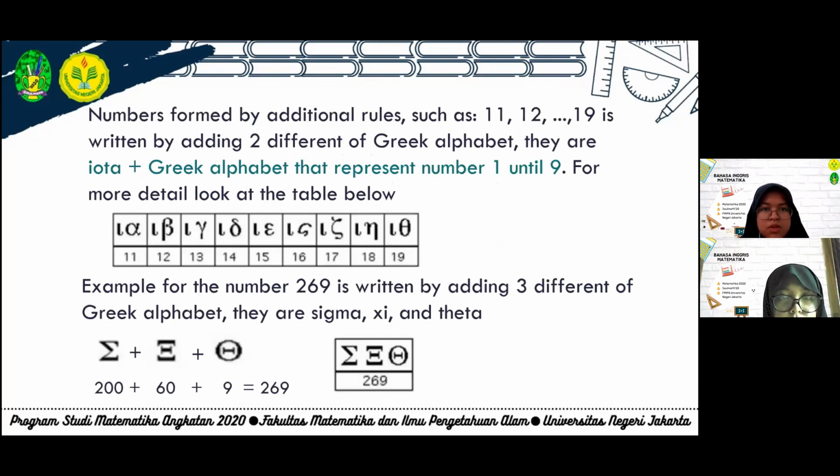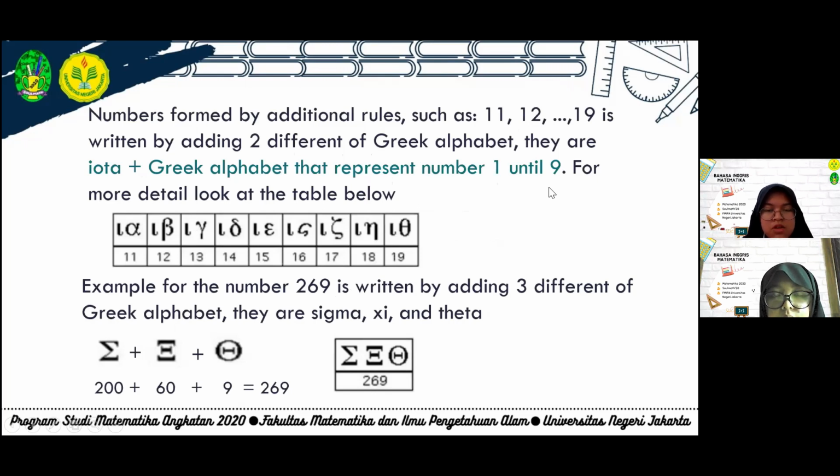Numbers formed by additional rows, such as 11, 12, until 19, are written by adding 2 different Greek alphabets. They are iota, added to the Greek alphabet that represents numbers 1 until 9. For more detail, look at the table below.